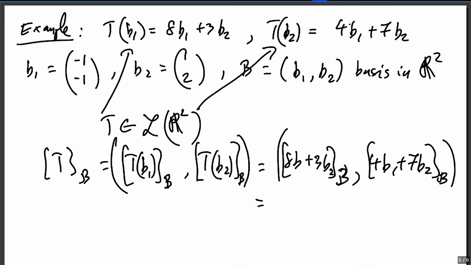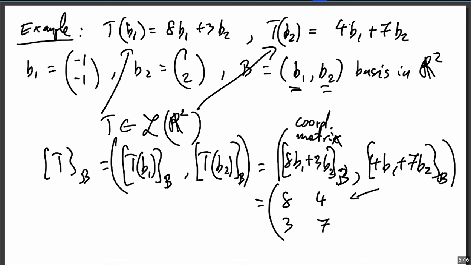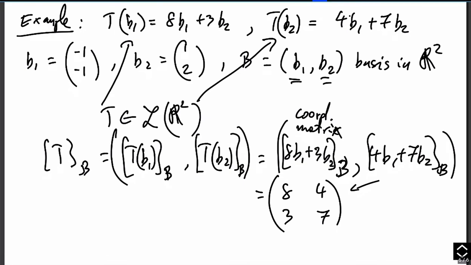It's a column vector, actually, collecting together the coefficients of the two basis vectors. So it's 8, 3, and then 4, 7 in column vectors. So you end up with a matrix. That's kind of trivial. You just collect together the coefficients.